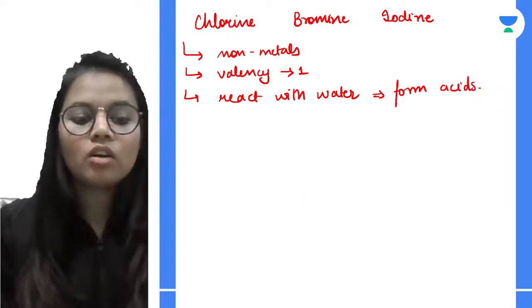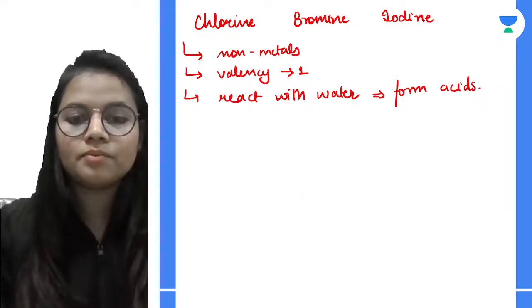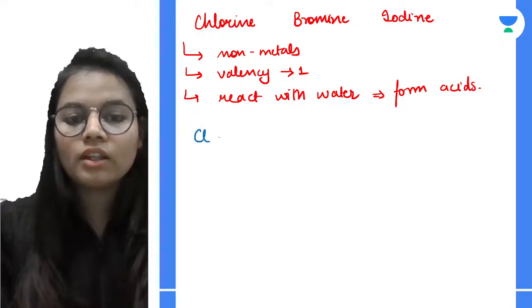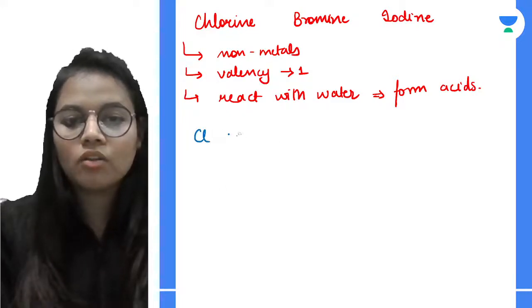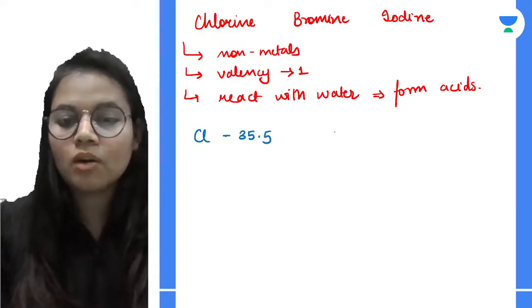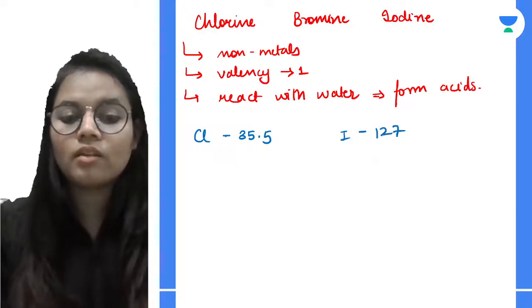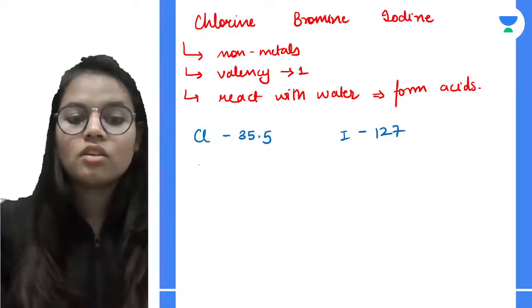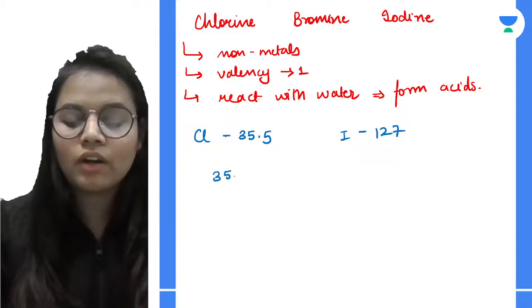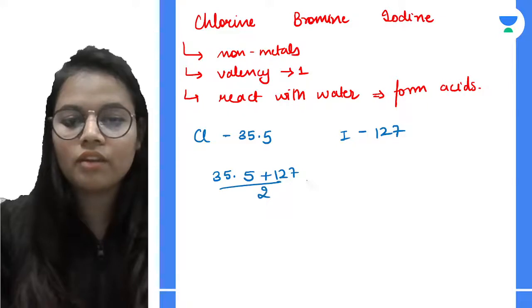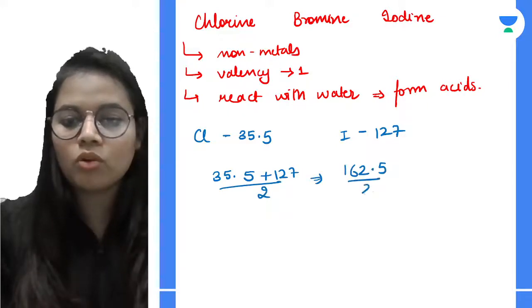Now, talking about their masses. Chlorine has an atomic mass of 35.5. Iodine has a mass of 127. Now let's take out the average. So we have 35.5 plus 127, which is 162.5 upon 2.